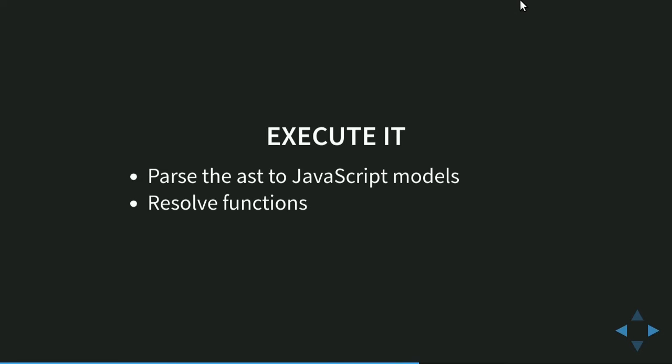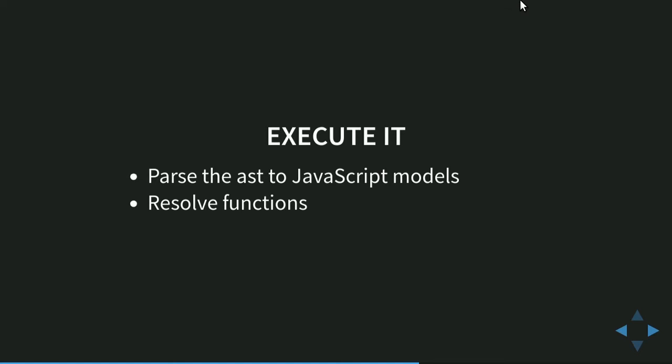We then execute the XPath expression, which is basically parsing the AST into different JavaScript models. We use a roughly object-oriented approach to it. We then resolve the functions, with a small bit of static type checking. So when we reference the function access string containing one argument, we map that to the corresponding function.